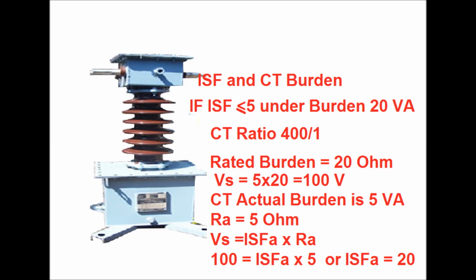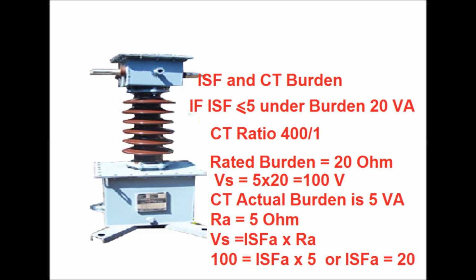So consider the CT ratio is 400 by 1 and rated burden is 20 VA, which means the rated burden in terms of resistance connected in the CT secondary circuit is 20 ohm under rated current, that is 1 ampere. Now consider that ISF is less than or equal to 5, that means the saturation voltage Vs will be equal to 20 into 5, which is equal to 100 volt.